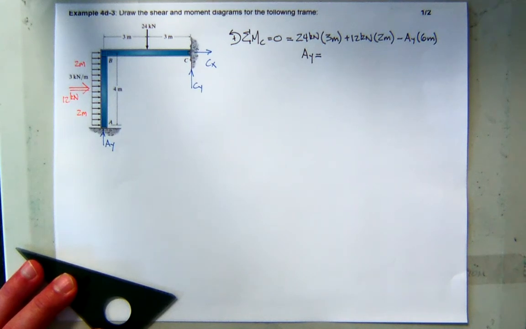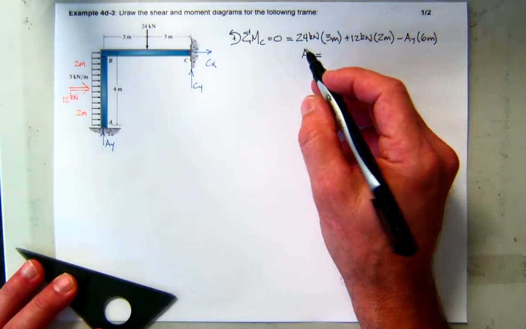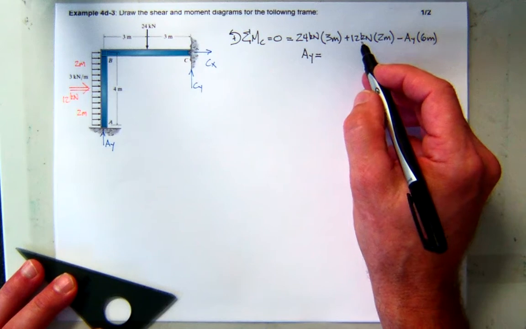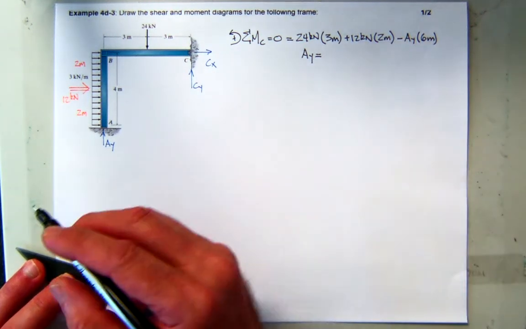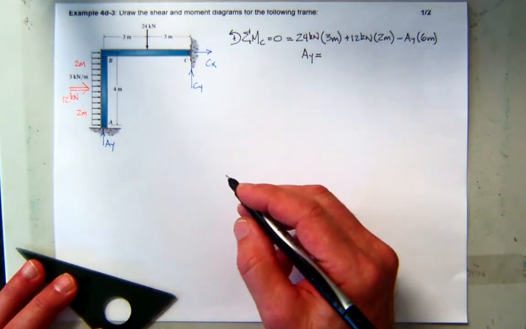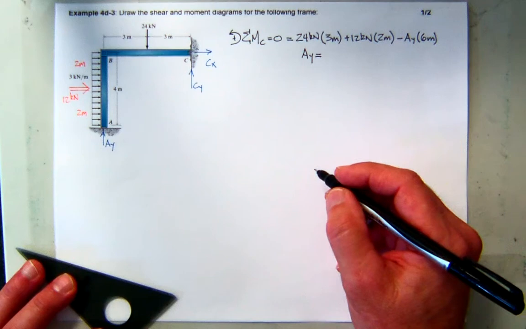What do you guys get? 16? I guessed wrong, I guess. 12, 2, 4, 12. What's 12 and 4? 16? Everybody agree?